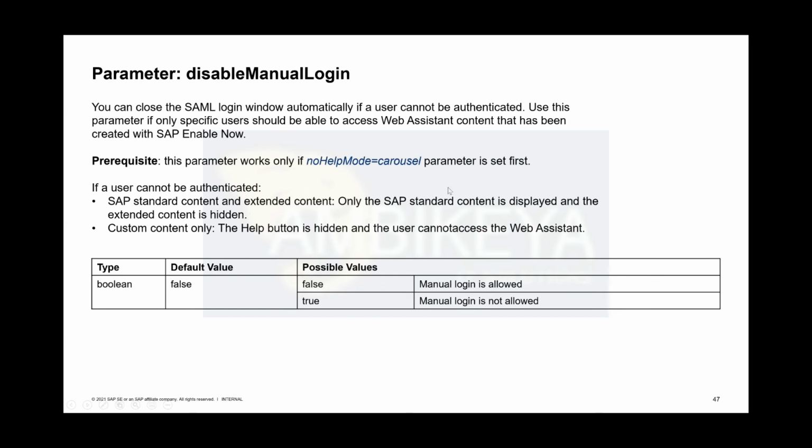That's a cool one, because then the authenticated ones, let's say the HR people, see more than the normal guys. It's a bit of a hack, but it still works. And if it's a custom content only scenario, the complete help button disappears, which is cool. Saying, okay, I can't authenticate you, no help system for you, but for the others. It's restricted to the custom content only scenario as our current answer.